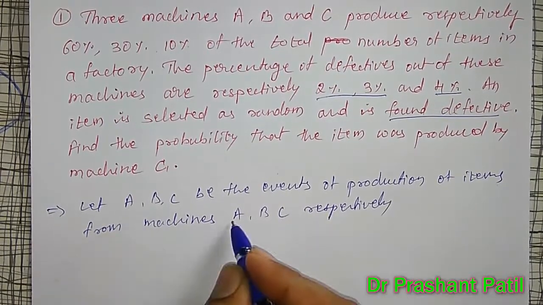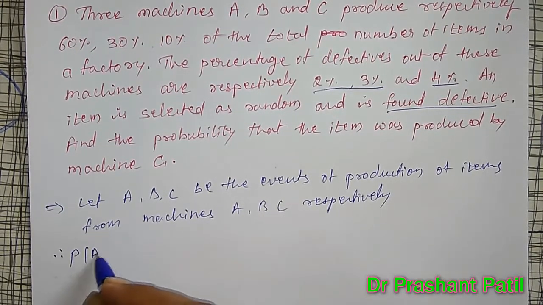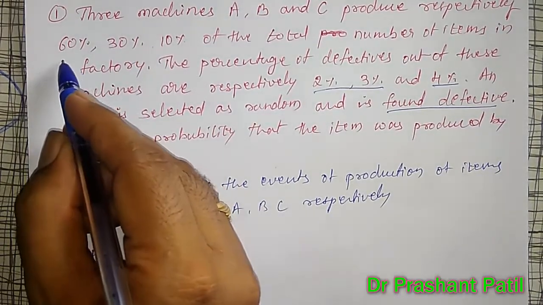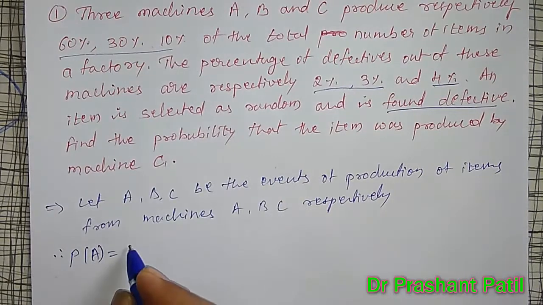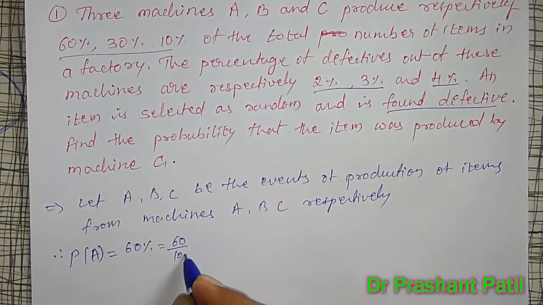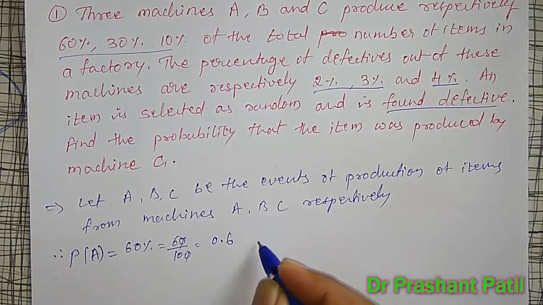These are events, these are machines. Therefore, the probability of production by machine A is given as 60%. 60% is nothing but 60 divided by 100, that is 0.6.